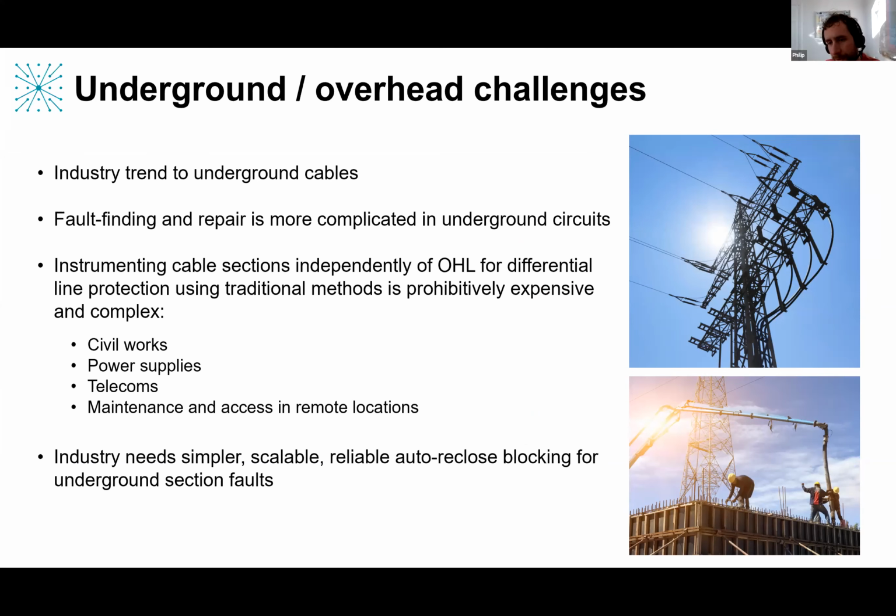Perhaps there's an interesting distinction that we can discuss later about the difference between faulted section identification and fault location, because I guess some people in the audience might be thinking fault finding means precisely where that fault is, whereas enabling auto reclose block functionality could be done simply by knowing the section the fault lies in. Absolutely. You may in some situations want both or just one.